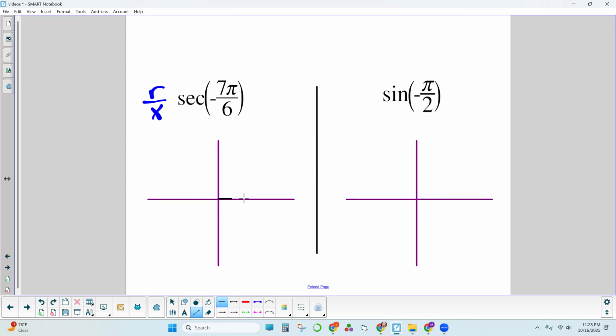We go to our initial position on the positive side of the x-axis, and negative angles are measured in a clockwise rotation. So negative 7 pi over 6 is just past pi, which is right here, pi over 6 past that, which is right about here. So I'm going to draw a special right triangle right there.